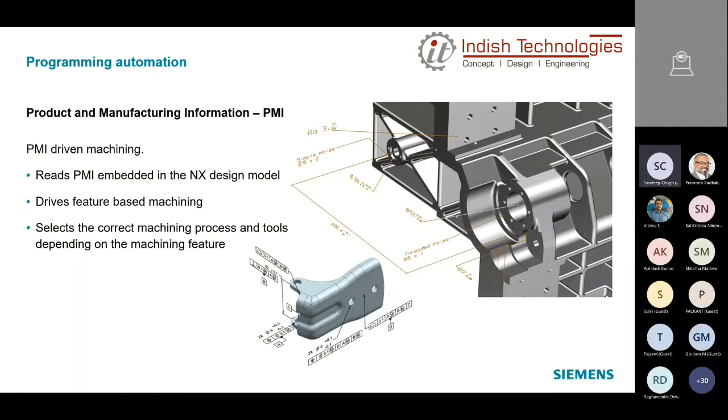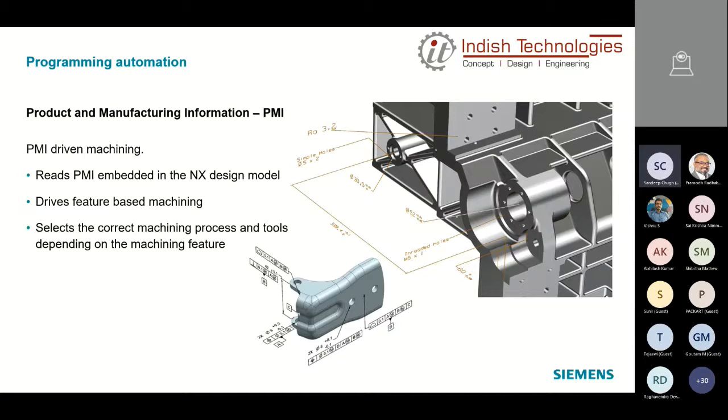Then we have something called PMI. If you create the models and give the dimensions in 3D, then it propagates to NX CAM also. If you have given an H7 hole in PMI and you are using knowledge-based machining in NX, then you select that feature, and NX will create an automated sequence of operations wherein first could be drilling, the second could be reaming or boring if required based on your requirements.